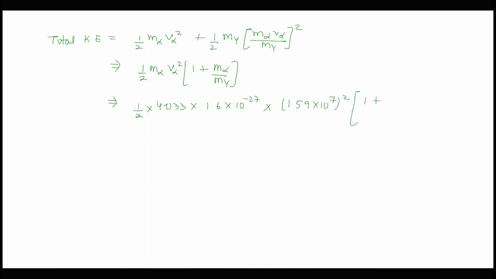Now since it is a mass ratio, we can directly put the value without conversion. So 4.003 by 228.03, and the answer will be in joule. So from here we obtain a value equal to 8.55 into 10 to the power minus 13 joule, and this is equivalent to 5.34 mega electron volt.